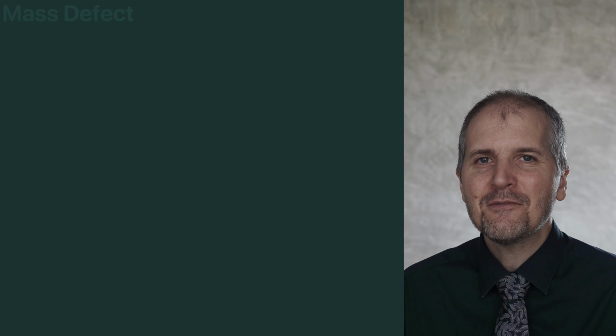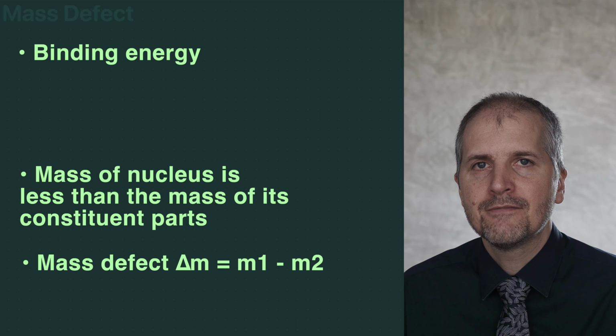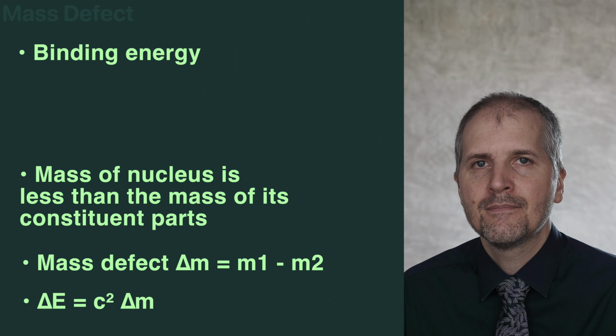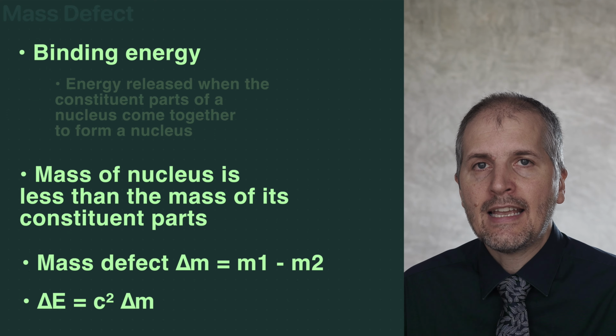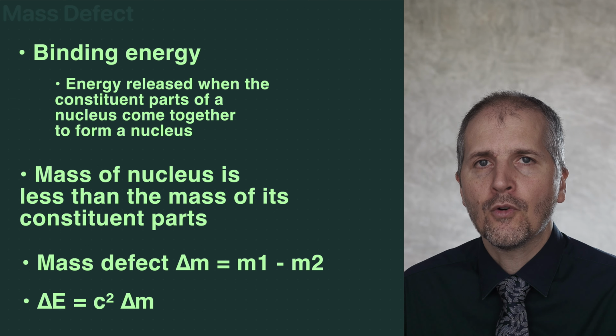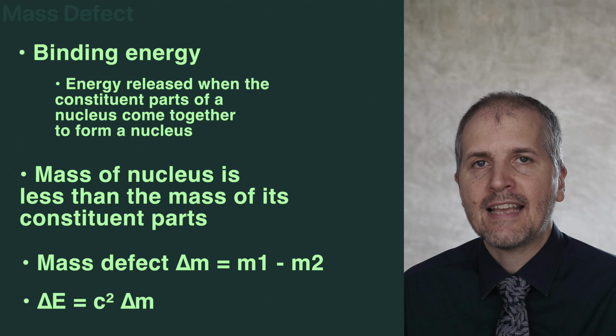This difference in the mass, delta M, is called the mass defect, and it is the delta M in the equation delta E equals c squared delta M. And delta E is called the binding energy, and it is the energy released when a nucleus forms, but also it's the energy required to break the nucleus apart.